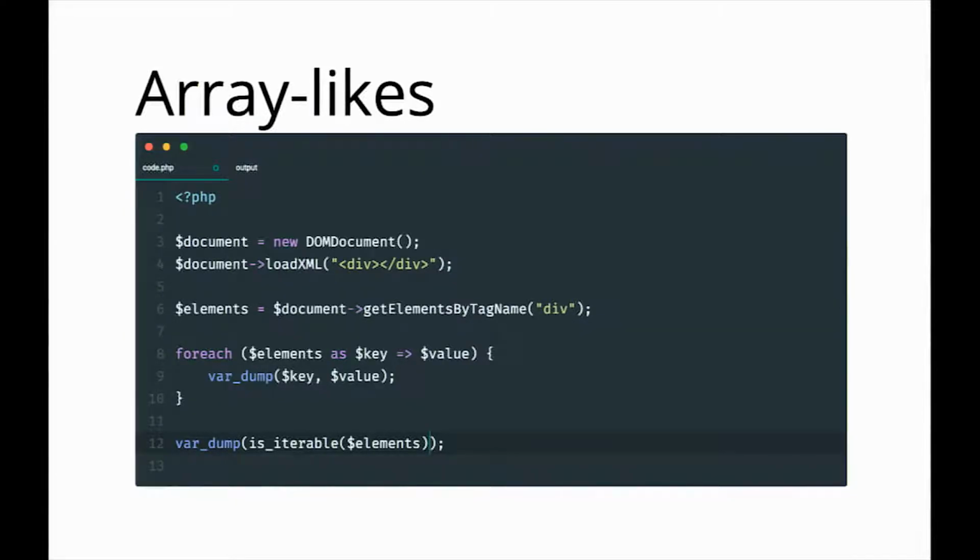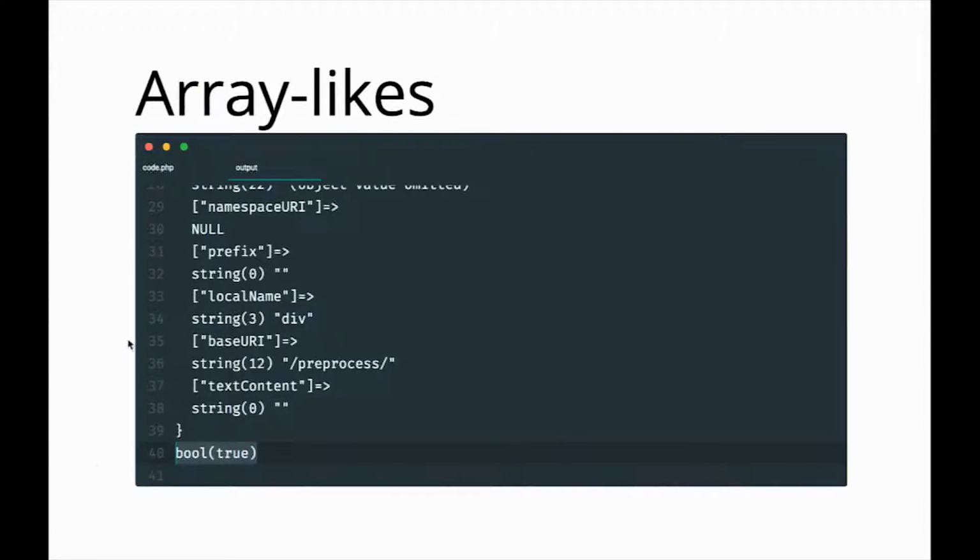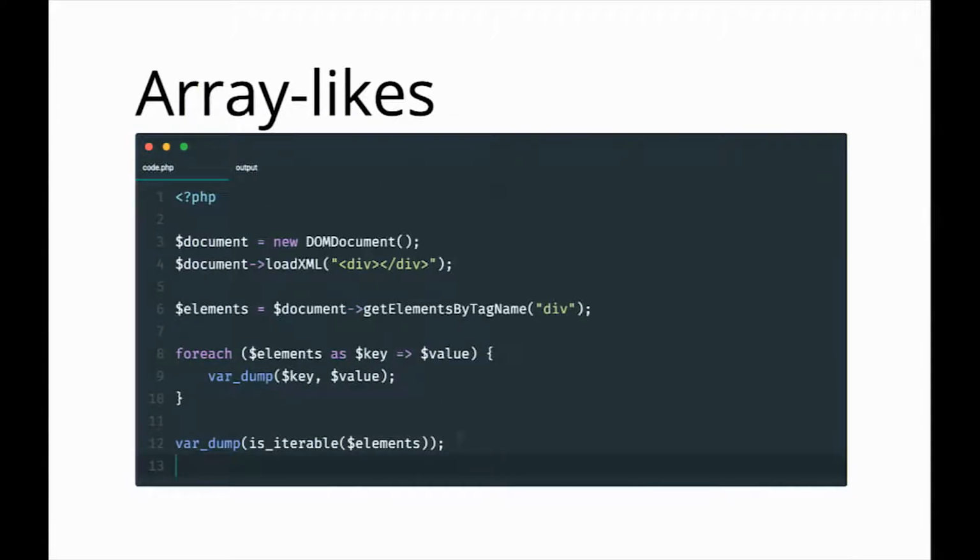And this will accept an array or an array-like thing and give us true. So that's a useful tool for us. Unfortunately, as we'll see later, there aren't many functions in core PHP that we can use easily with arrays that we can also use with iterables or with anything that's traversable. But we'll see that later.